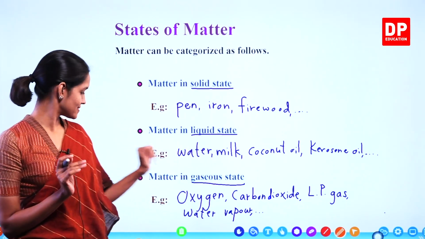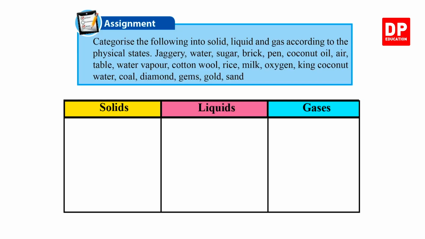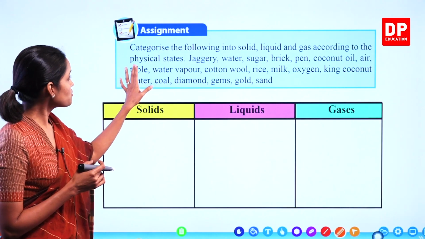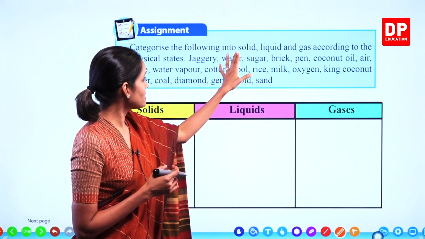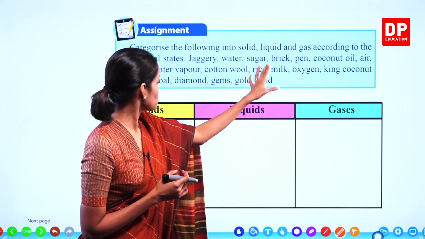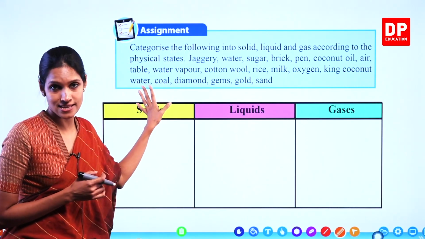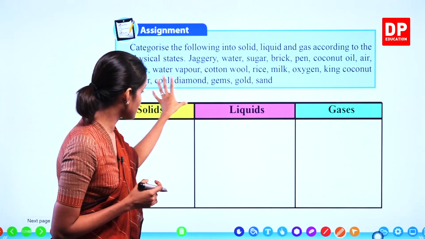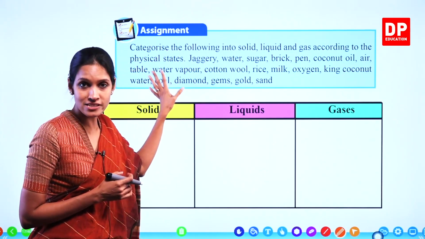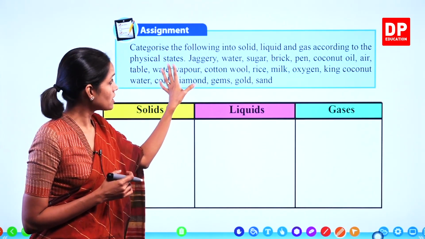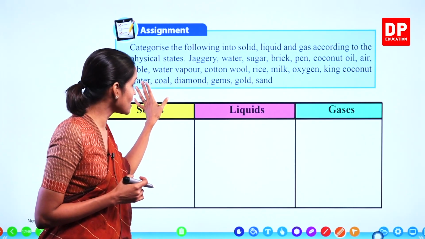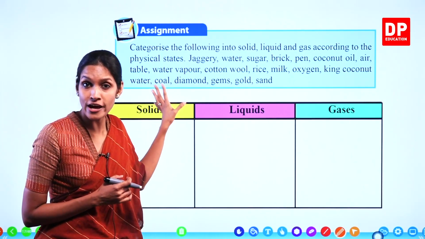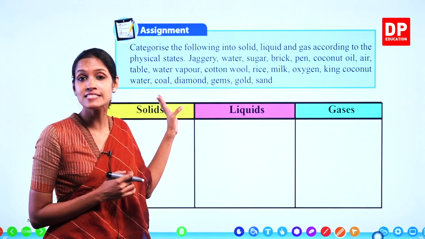Okay. We have an assignment to do. Categorize the following into solid, liquid and gas according to the physical states. Understand? Now we have a list of things here. We have to categorize them, group them into solids, liquids and gases according to their physical nature, physical state.